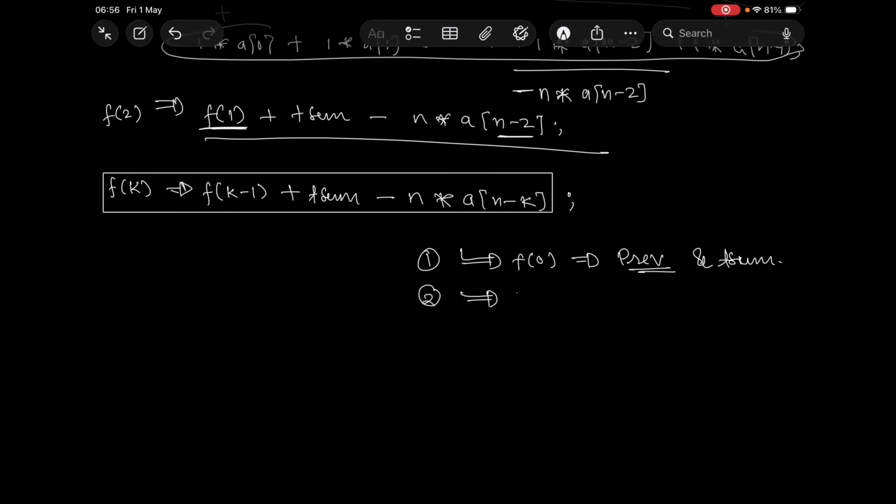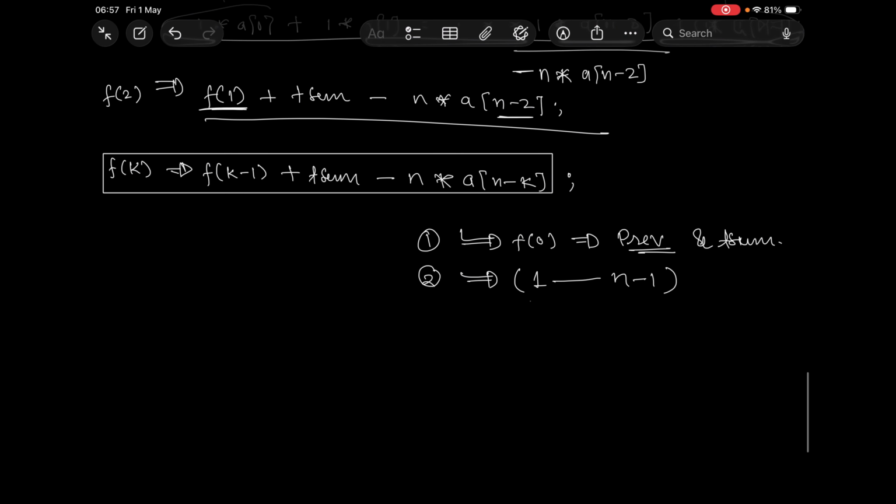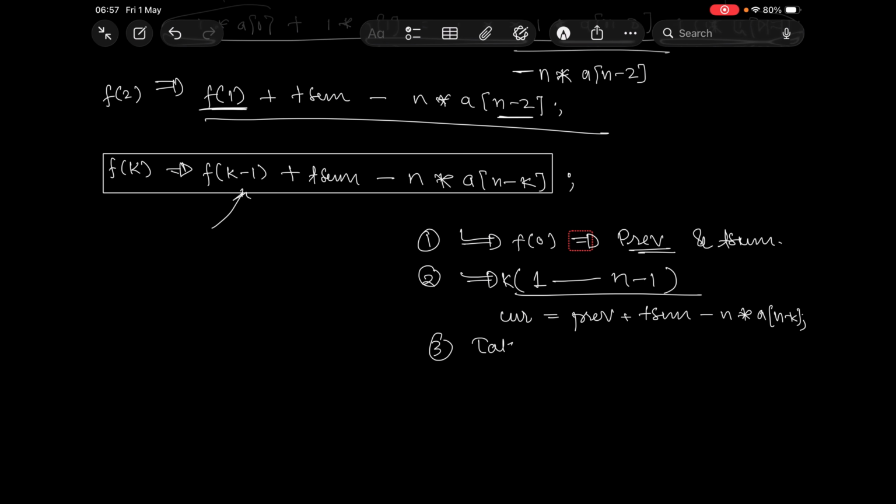Now for every value from 1 to n minus 1, we need to calculate the current value using the previous value, plus total sum if we use the same formula, and minus n times array of n minus k. Here k varies over this range, and each time we will take the max. That will be our answer. So this is what we are going to do over here.